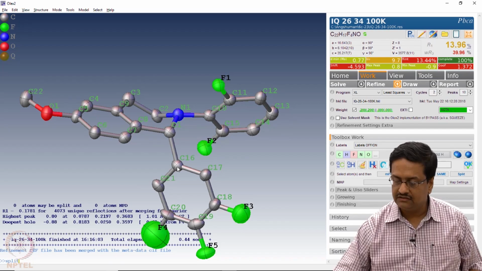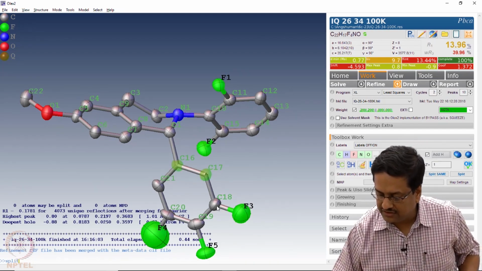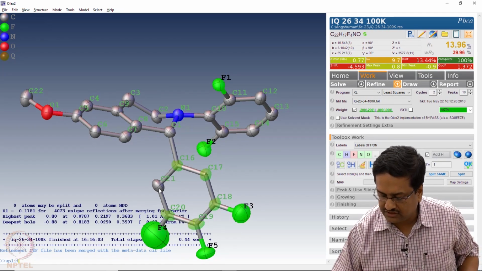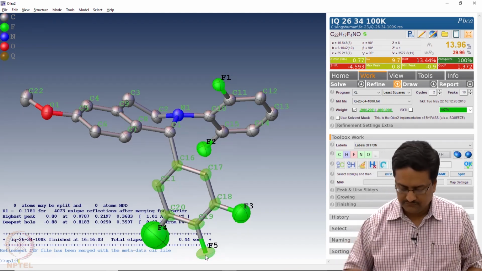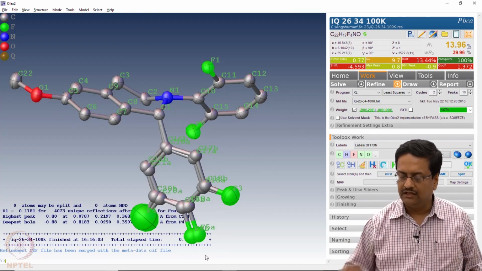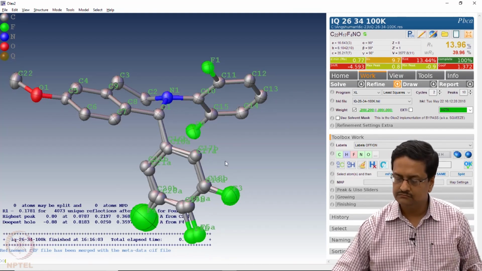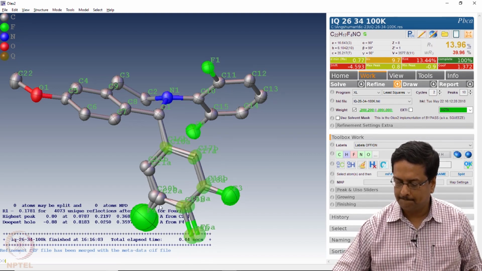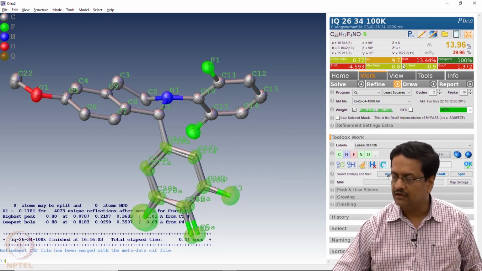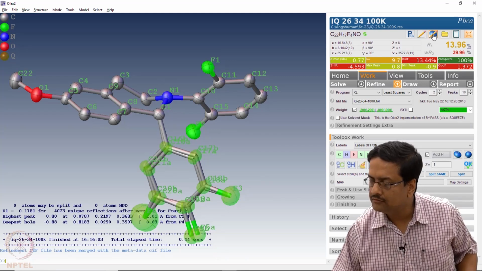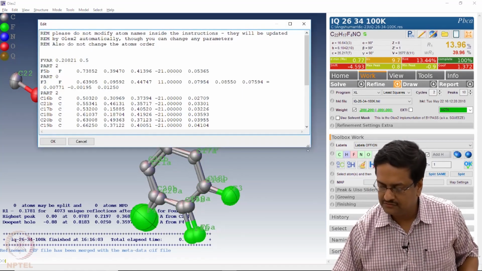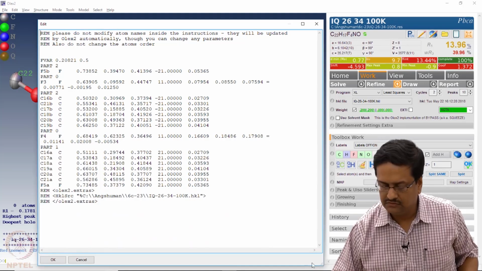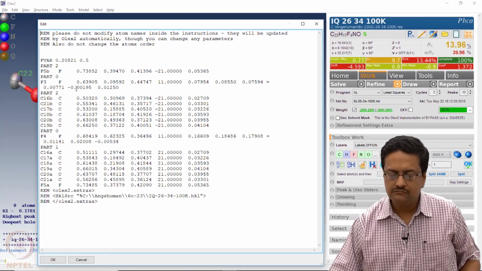So we will split these carbons 16, 17, 18, 19, 20, 21 and fluorine as a set of 2 and then select all these fragments along with the fluorines and rewrite the atom table.